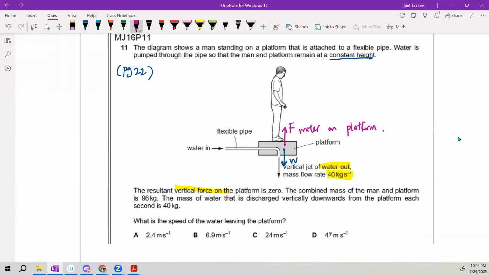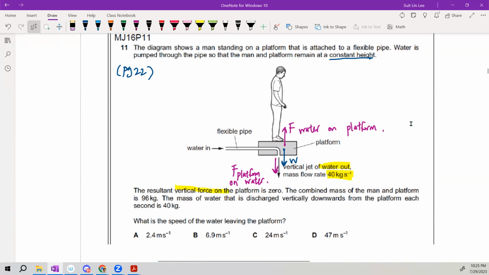So according to Newton's third law, if there's a force of the water on the platform, there must be a force of platform on water. So the water is being pushed out, very much like the wall question. So the wall question was, water presses the wall, the wall presses the water. In this case, water presses the platform upwards, platform pushes the water out downwards.